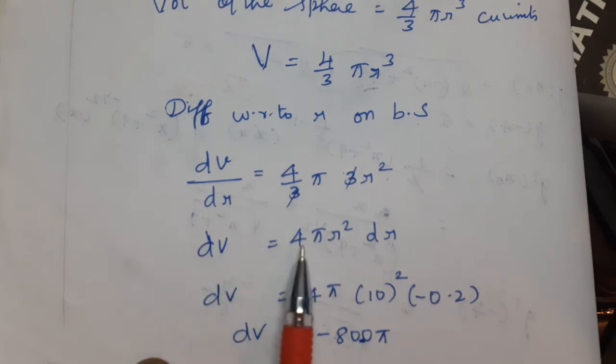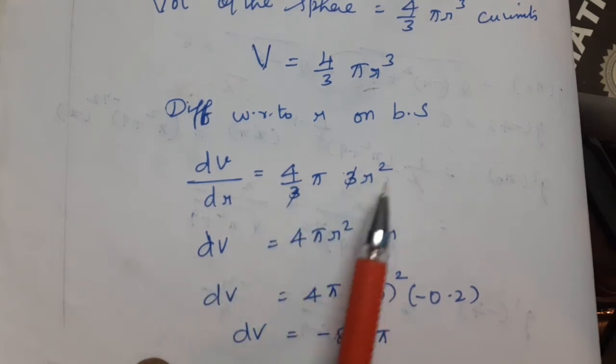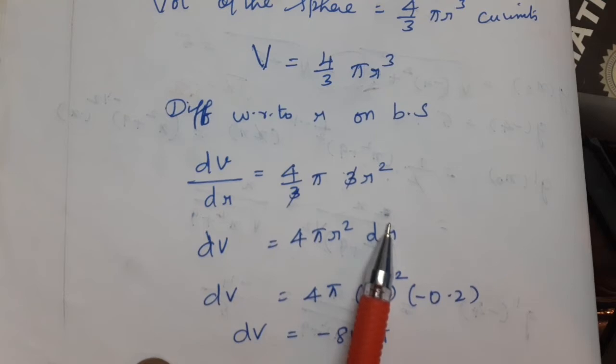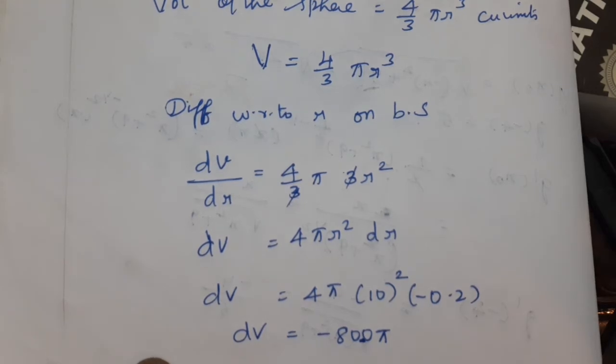So dV equal to 4 pi r square into dr. Substitute the r value and dr value: r is 10 square, and the decreasing radius is minus 0.2. After simplification, dV equal to minus 80 pi. Here dV means change in volume and dr means change in radius r. This is the change in volume.